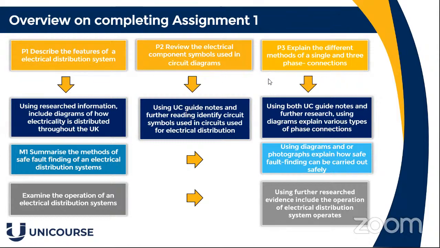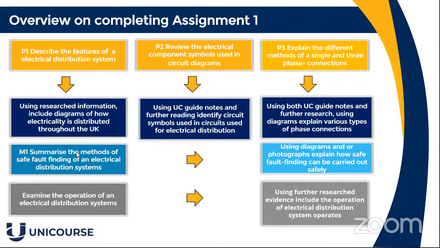The next question, you're looking at different methods of single and three-phase connection, and the UniCourse guide notes and further reading explain it. What's important is that you make sure you annotate all the diagrams.